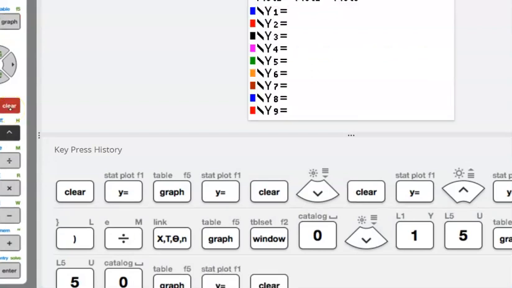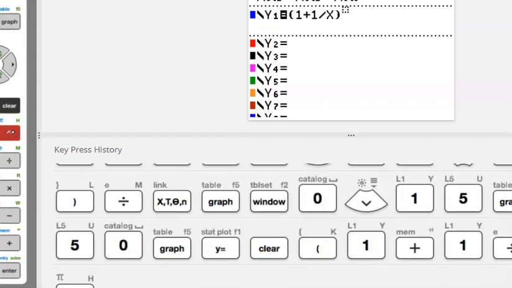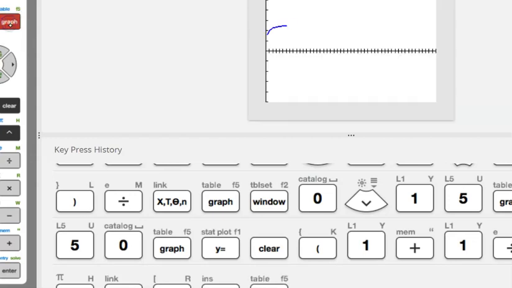And what we're graphing is the quantity 1 plus 1 divided by n, so in this case x, although we can change that to sequences if we wanted. And then we're going to raise that to the nth power. Graph this.